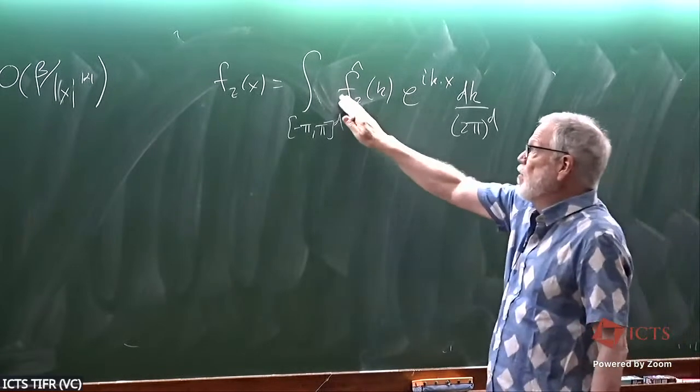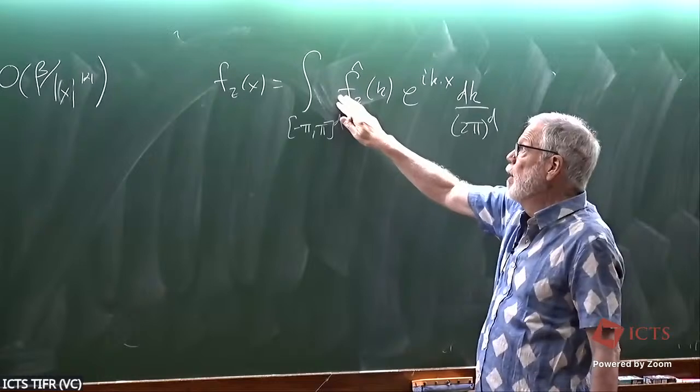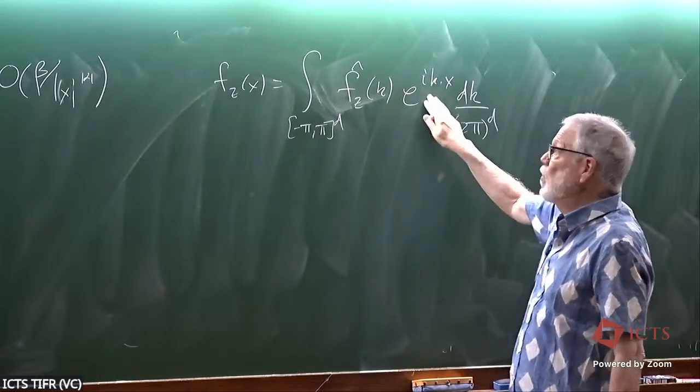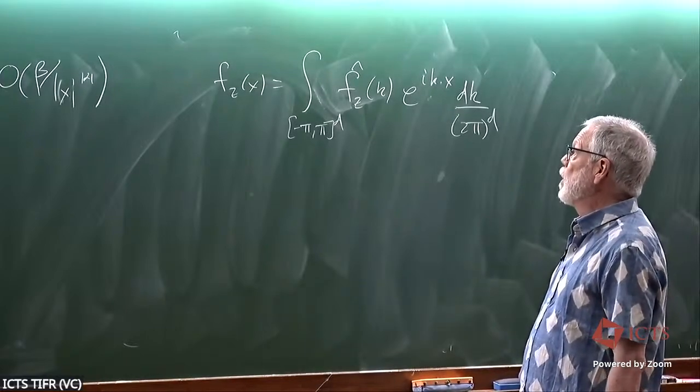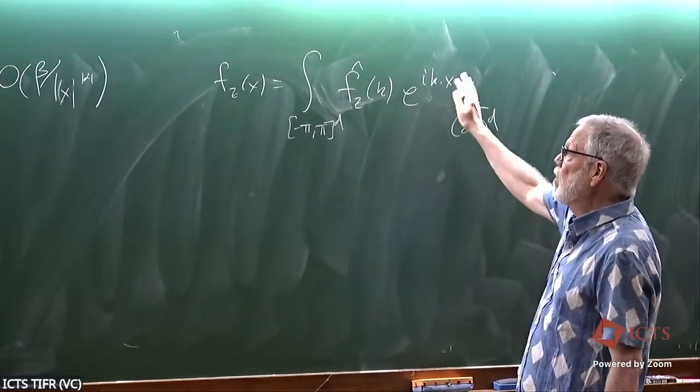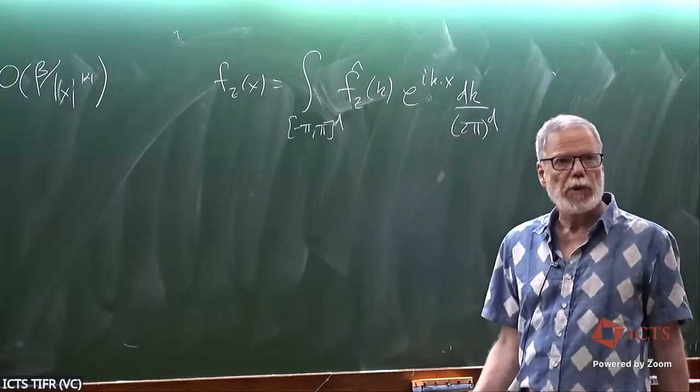So if I have derivatives acting here, then I can move them over to here. And when I apply them here, I get factors of x, and so I get my bound.